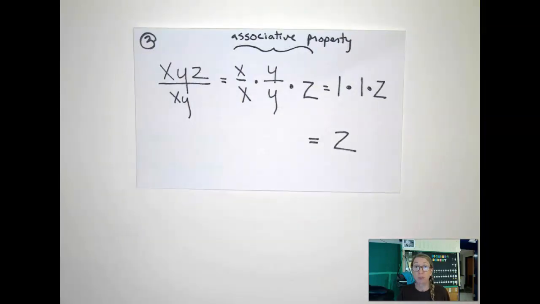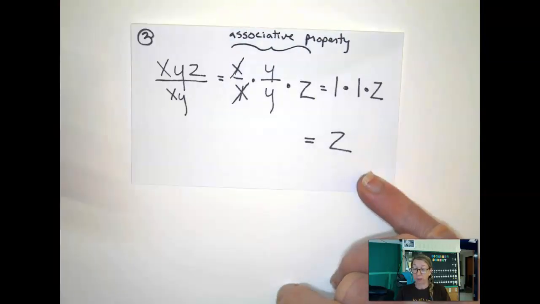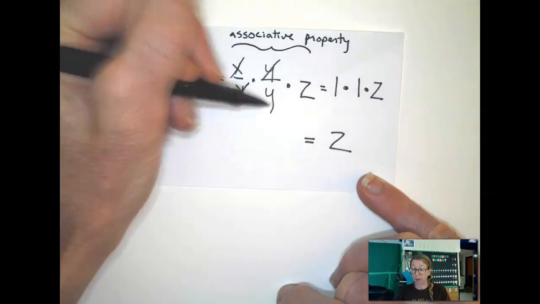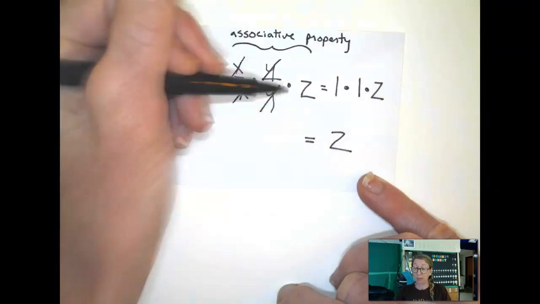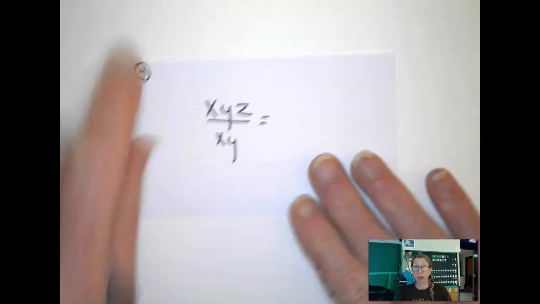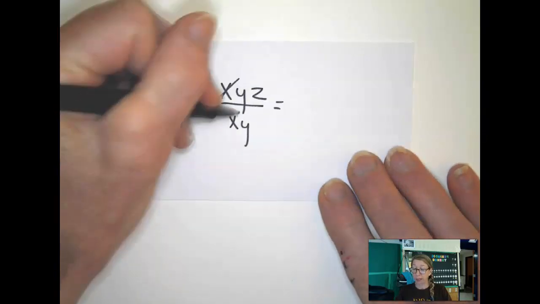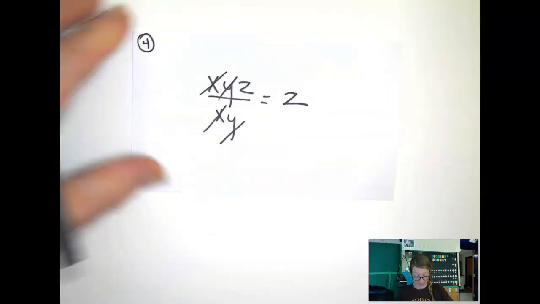By the associative property, you break them out and then you say, oh, x divided by x is 1. I can cancel them. y divided by y is 1, times that last z, and I simplified that just to z. You guys have done that over and over, but now you've done it so much, you just look at it and say, oh, it simplifies to z.